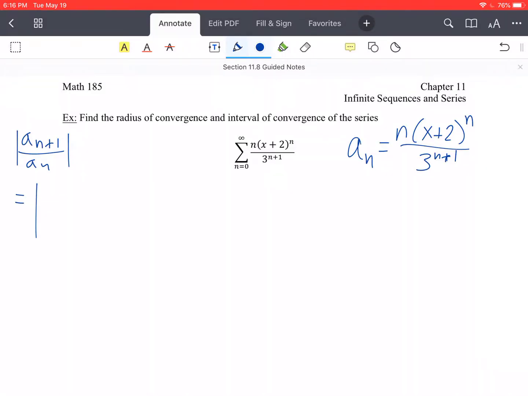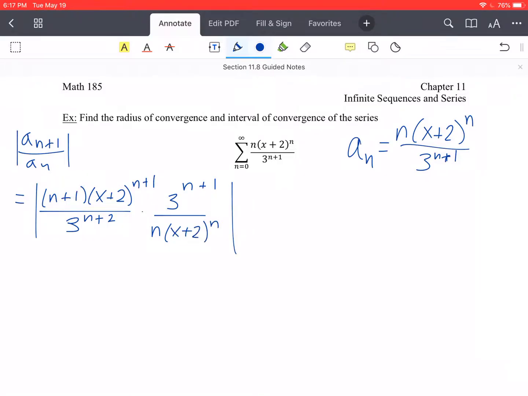So we're going to get (n plus 1) times (x plus 2) to the n plus 1 over 3 to the n plus 2. And I'll do times the reciprocal, so times 3 to the n plus 1 over n times (x plus 2) to the n.